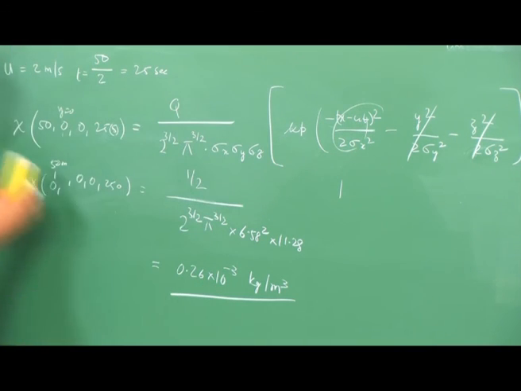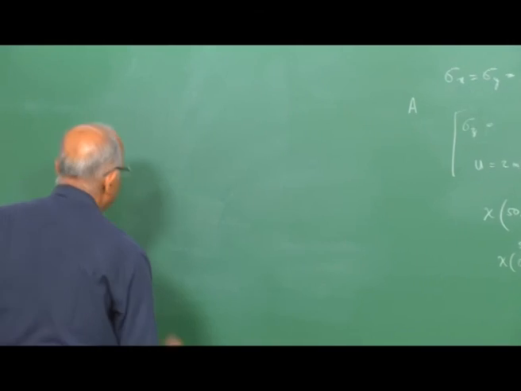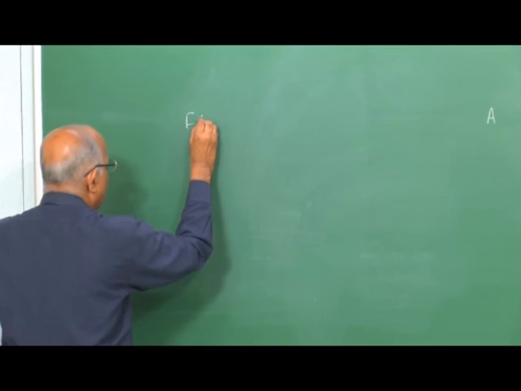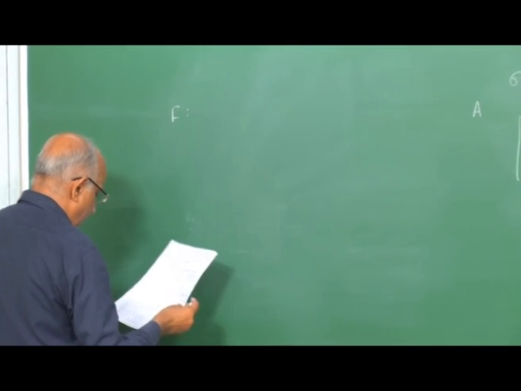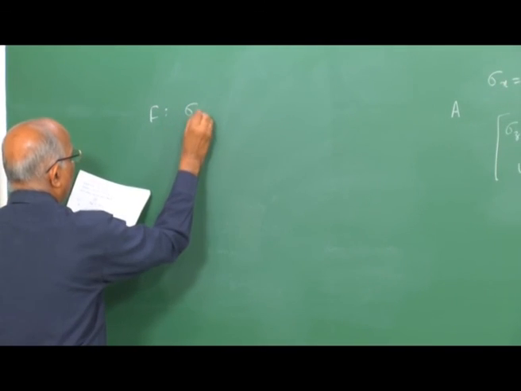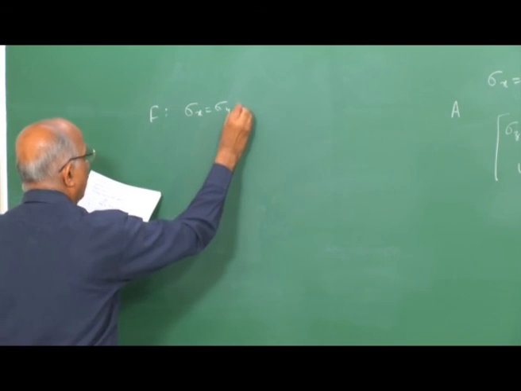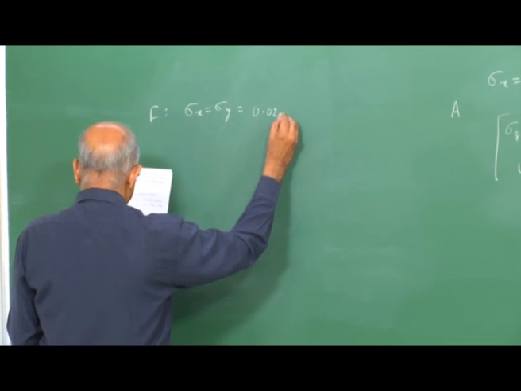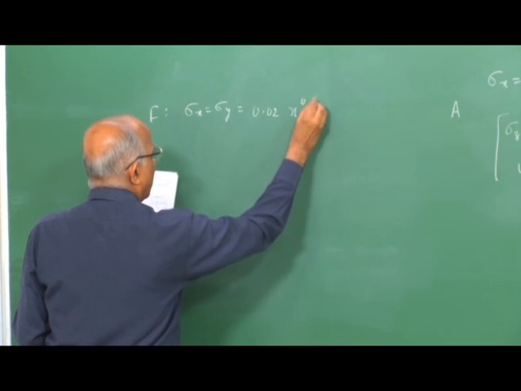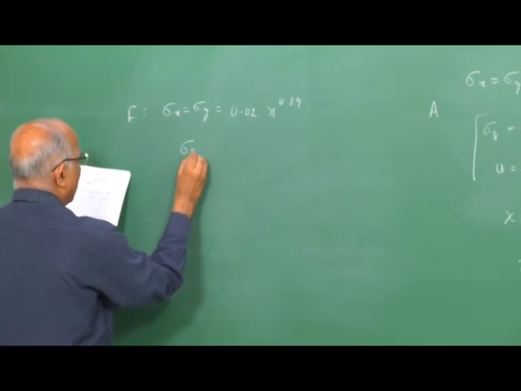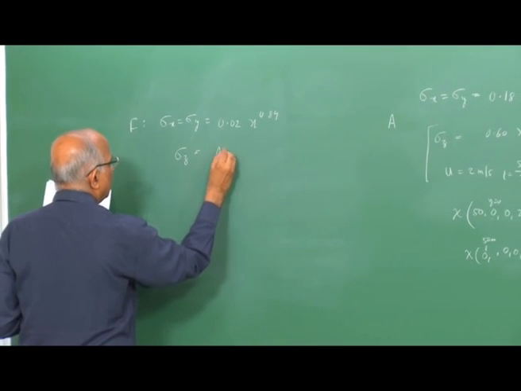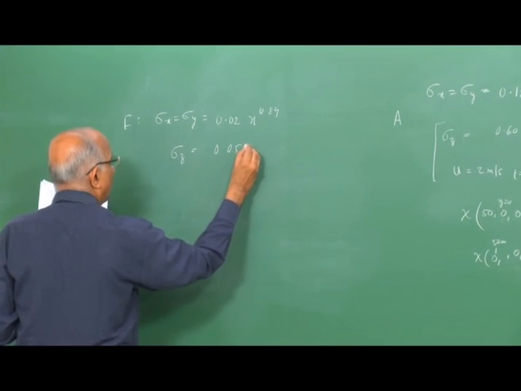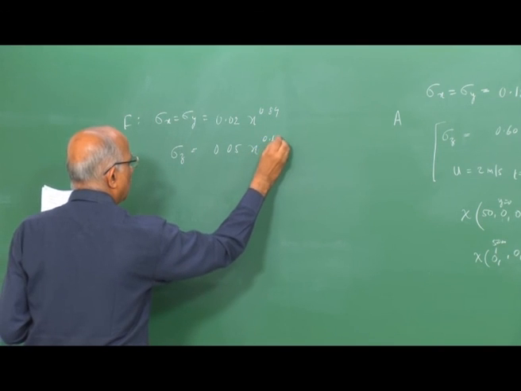I again find out the values of sigma x, sigma y and sigma z for the condition F. I go back and look at the table. For condition F, sigma x is equal to sigma y is given by 0.02 into x to the power 0.89, and sigma z is given by 0.05 into x to the power 0.62.